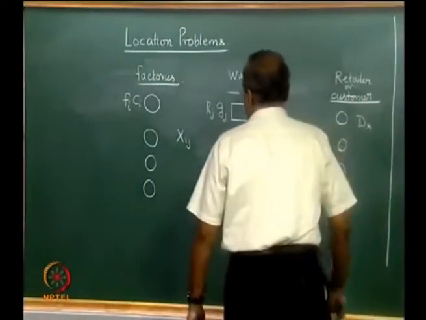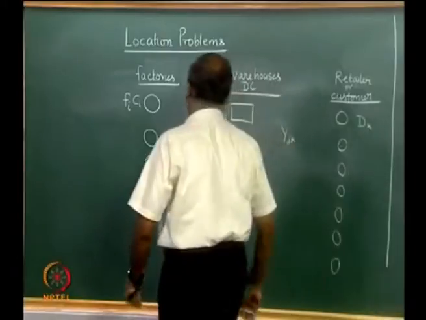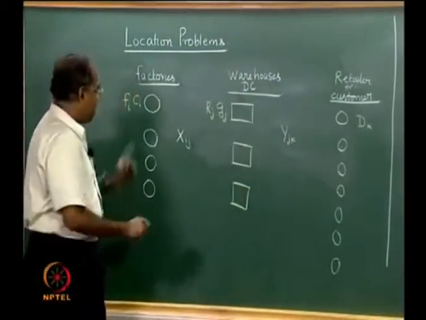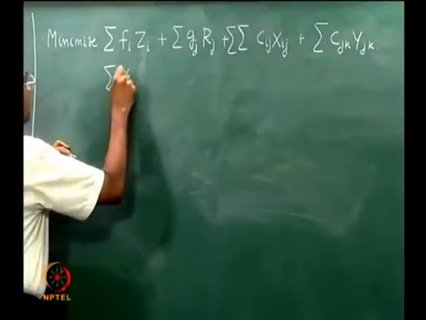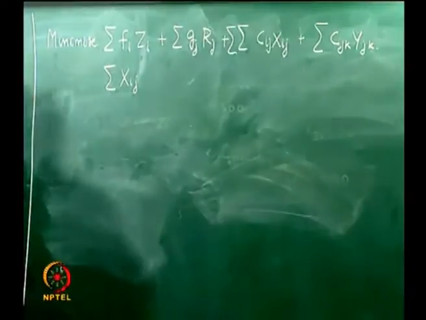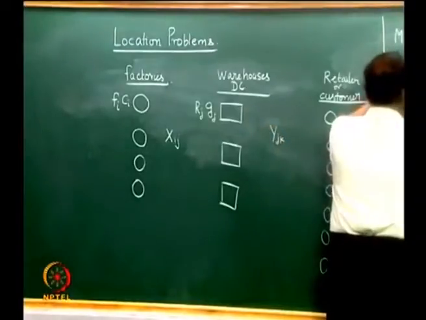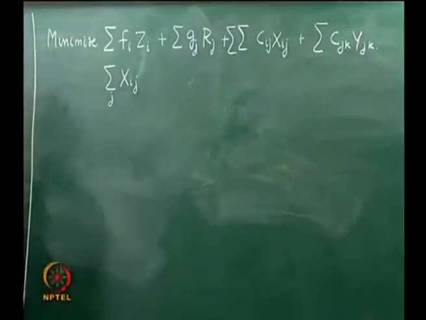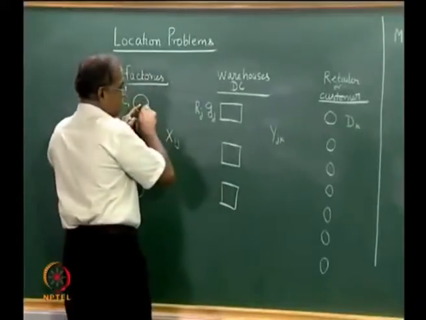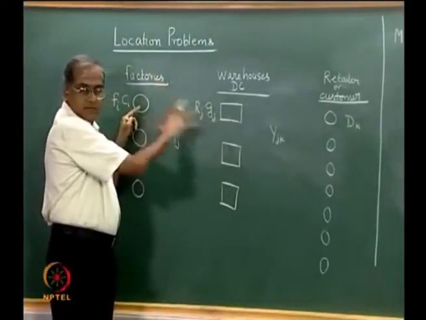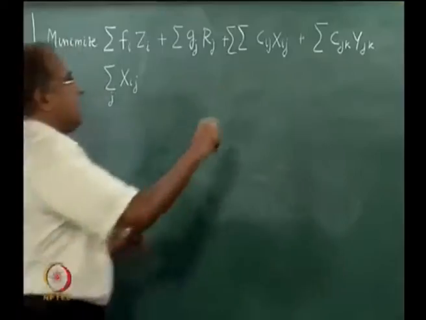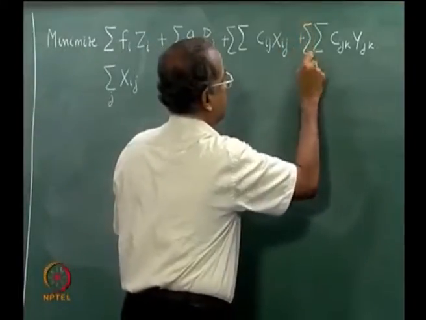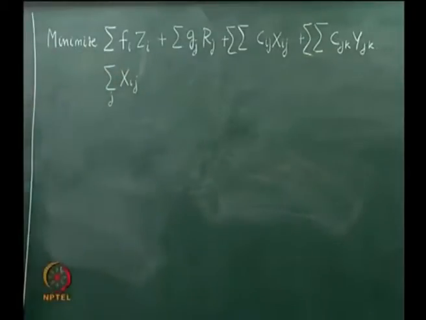Now, the first thing that we require is this. So, what goes out? So, sigma Xij from a particular I summed over all j. So, from this whatever goes into this, there is a second summation also here, because two facilities are involved.